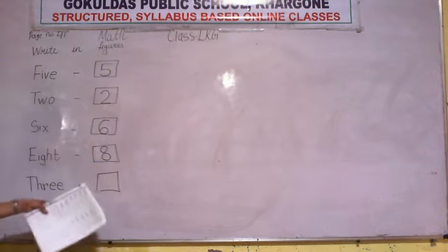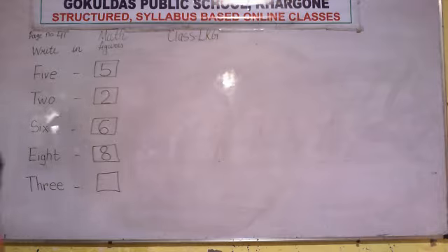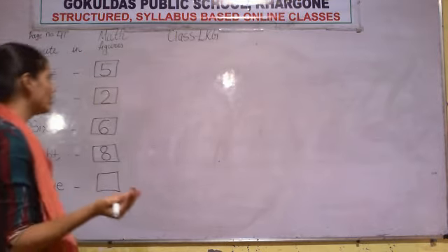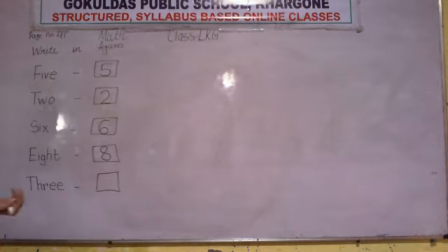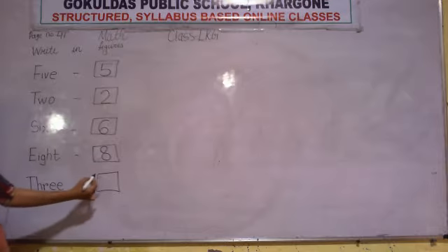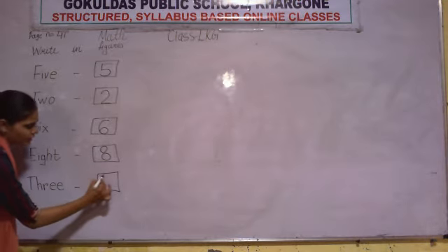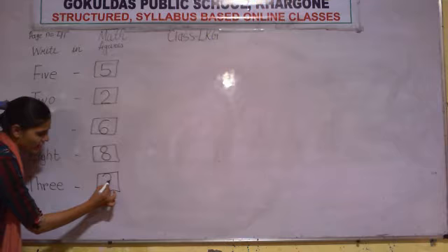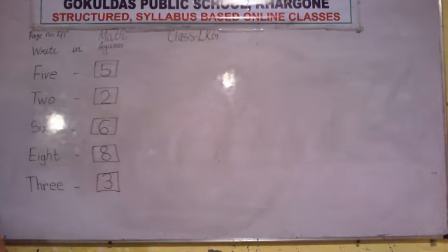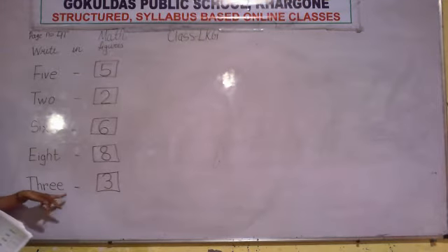So in this block you write number 3. Now, how to make number 3? Look at the board. You just make a half curve and another half curve. This is number 3. And the name of number 3 is T-H-R-E-E.